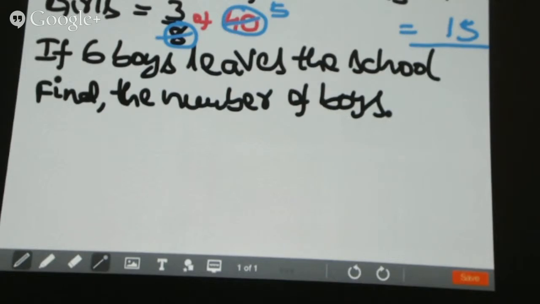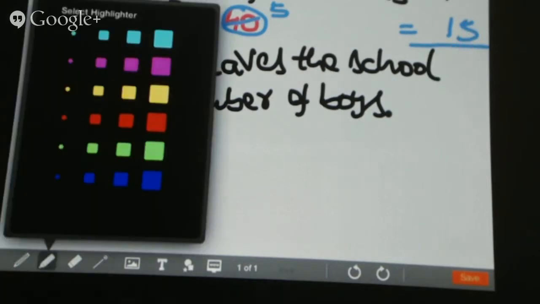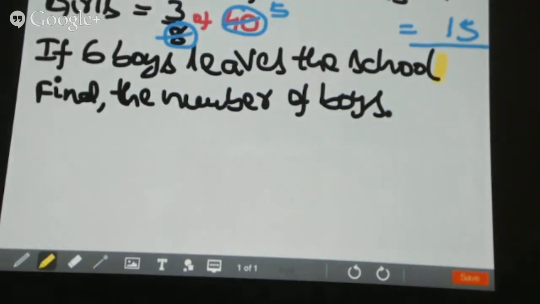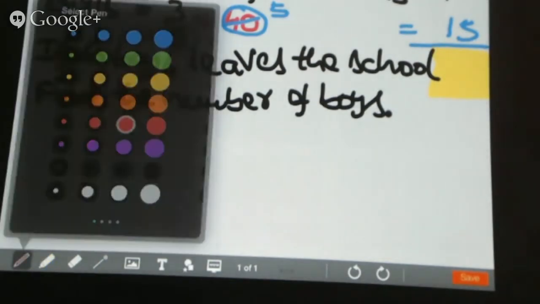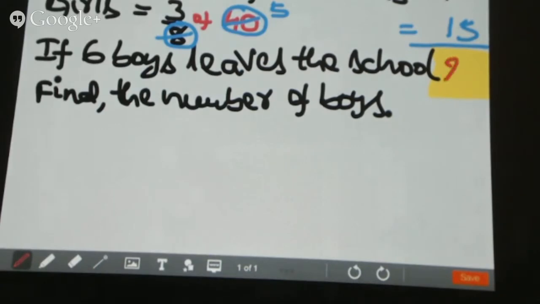Out of 40, there are 15 girls. If 15 are girls, can you tell me how many boys are there? Please think carefully. How many boys are there? 25. So there are 25 boys. Okay?